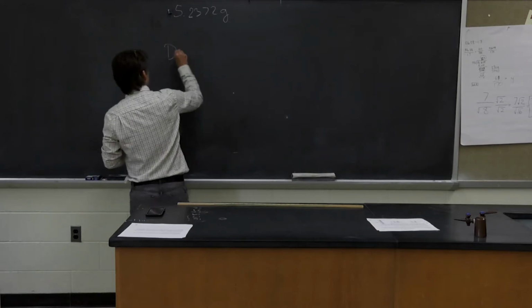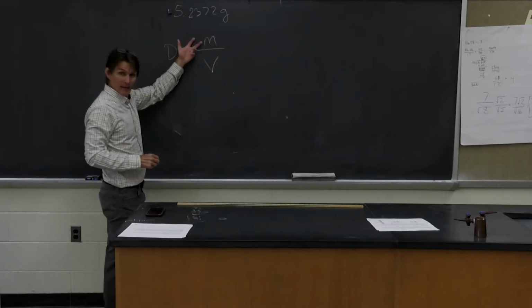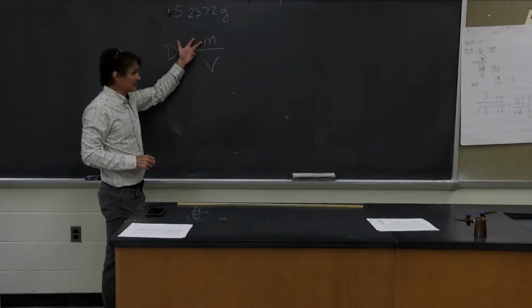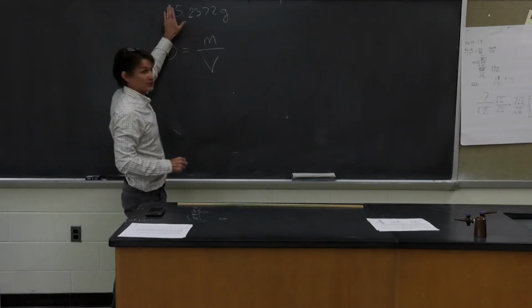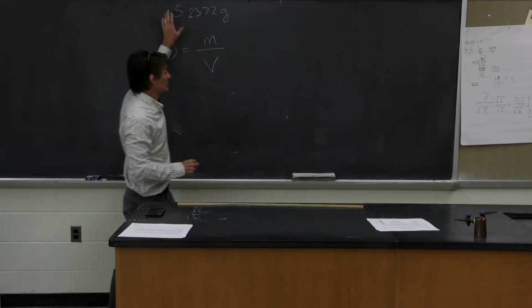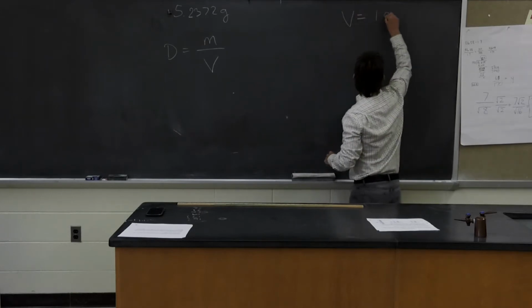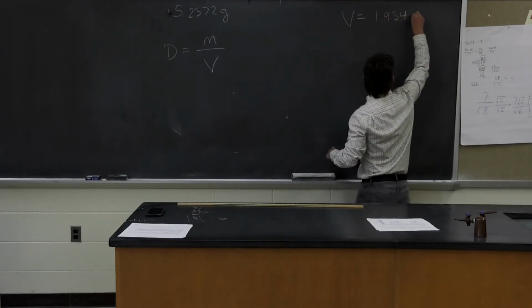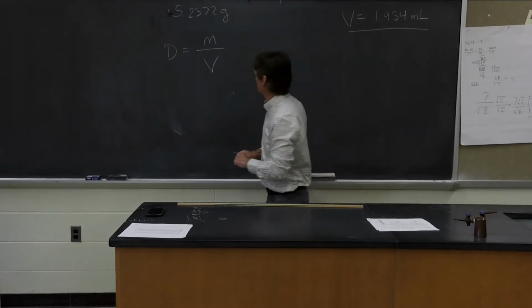Density is the mass divided by the volume. So we're going to need to measure the mass of this object, and we're also going to need to measure its volume. Let's say we were able to measure its volume very precisely, and its volume is 1.934 milliliters, just for the sake of argument.